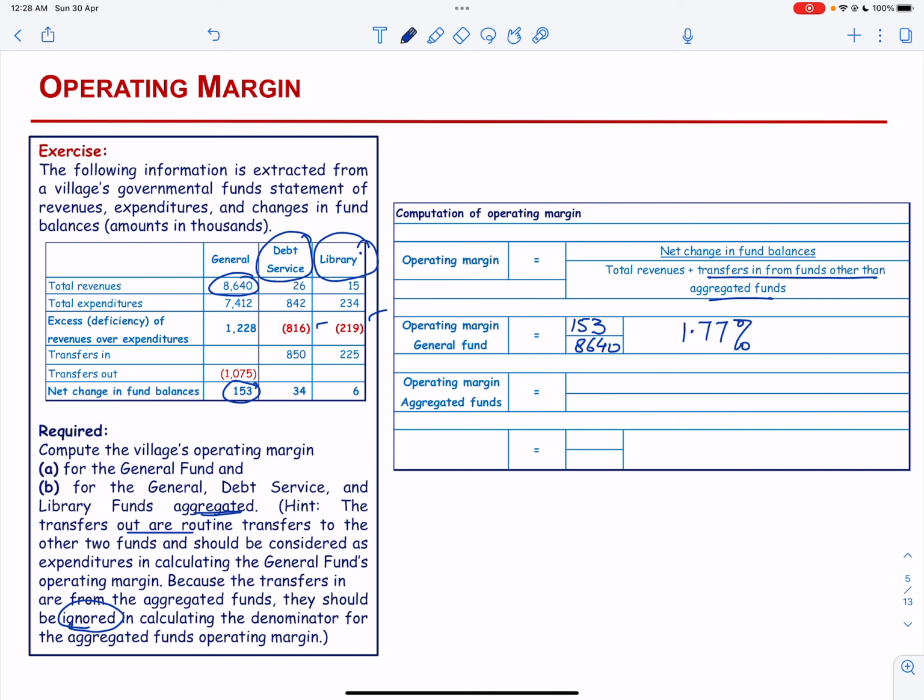Next, we have the operating margin for aggregated funds.